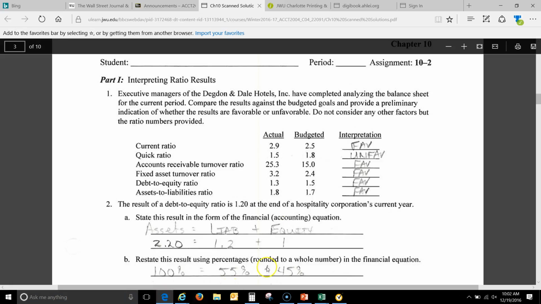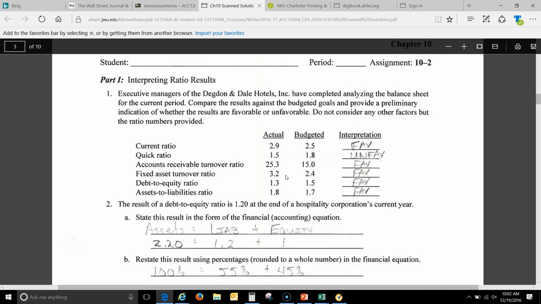So whatever we did, we invested in something that produced a really significant increase over what we thought we were going to do. 3.2 is higher than 2.4, and in this particular case, yes, higher is better. Everybody got it? Okay?